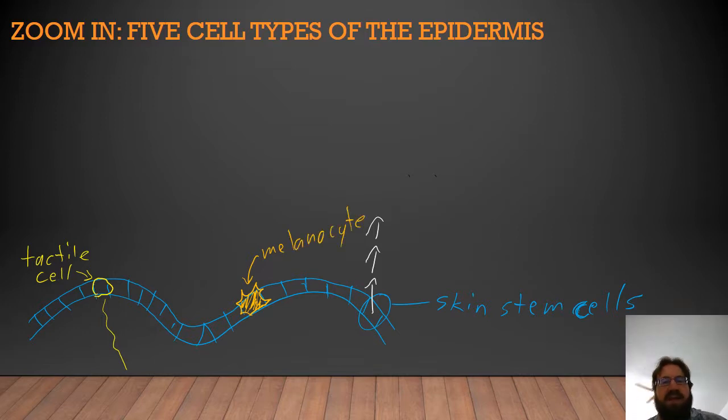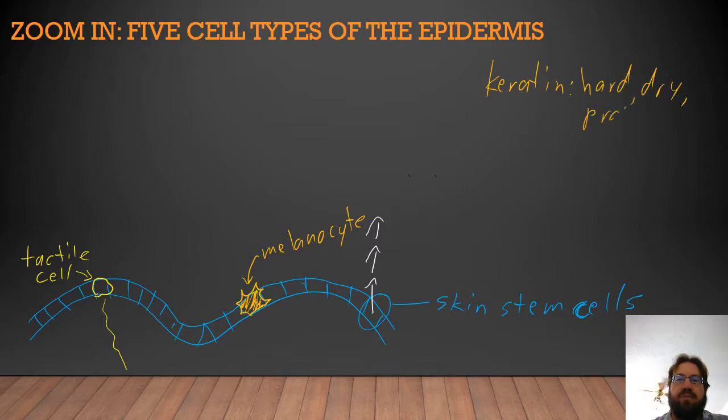Okay, melanocytes are the cells that make the protein melanin. Okay, so there are essentially two core proteins made in our skin. Keratin is the hard, dry, protective protein that makes the stratum corneum of the epidermis. It also makes the core of your hair and the substance of all of your fingernails.